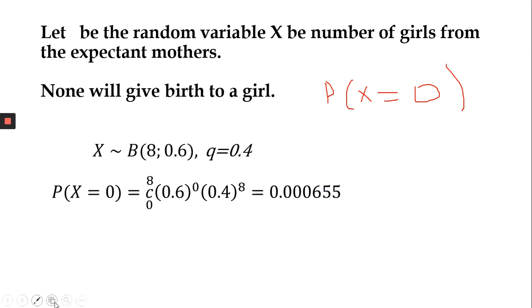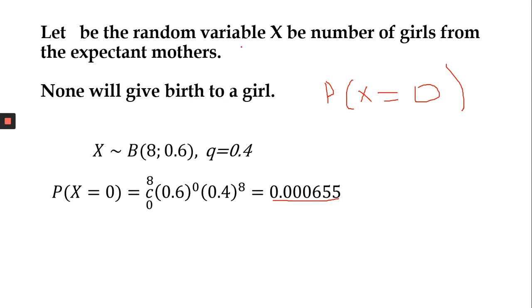I want you to take note of what this answer is showing us. It is very, very important for us to understand. If the probability of an event is approaching almost zero, it means that event is a rare event. It makes absolute sense because we are told that there is a 60% chance that the expecting mothers in this community will give birth to a girl, so the chance of getting a girl is very high.